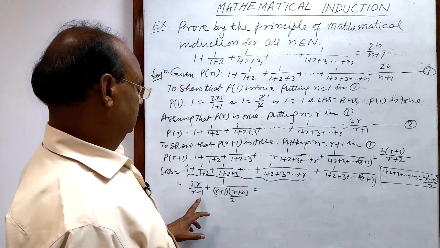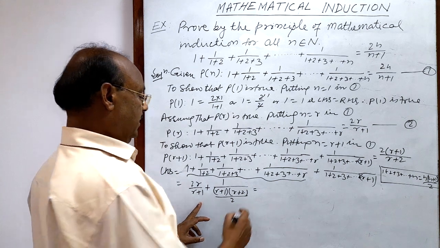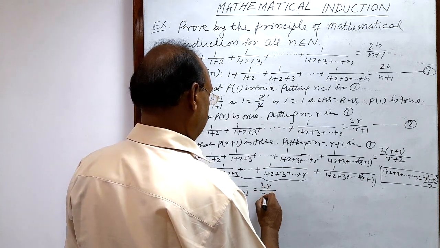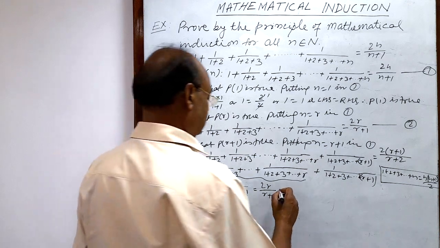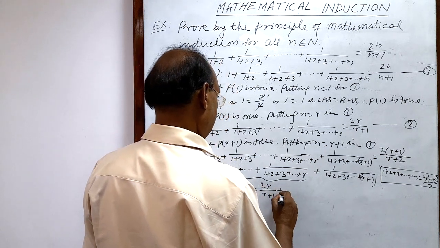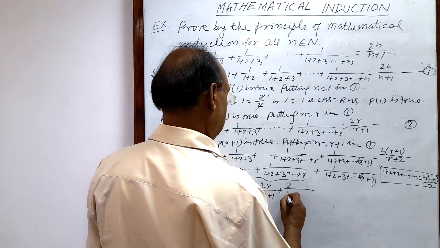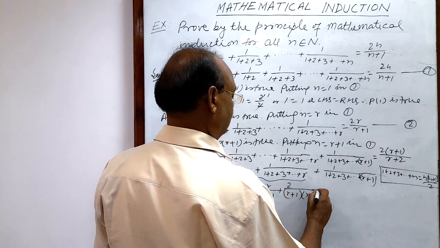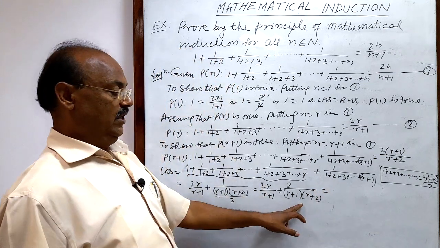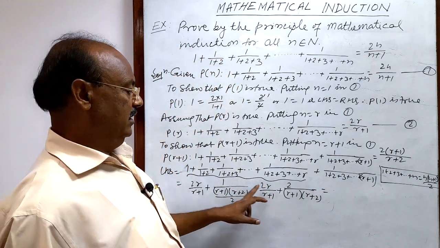Here we will get 2r by r plus 1, and this 2 will come in the numerator, so plus 2 by r plus 1 into r plus 2. Now we have to take the LCM here. At the same time we can take 2 common.